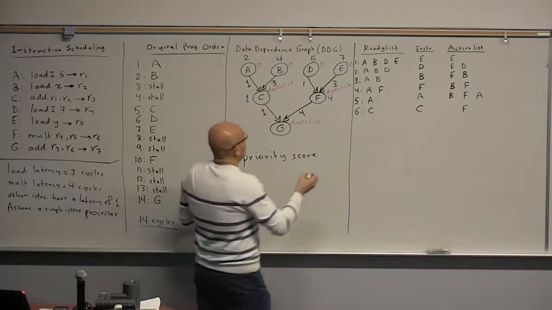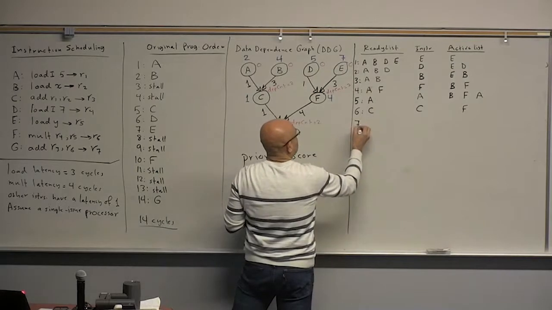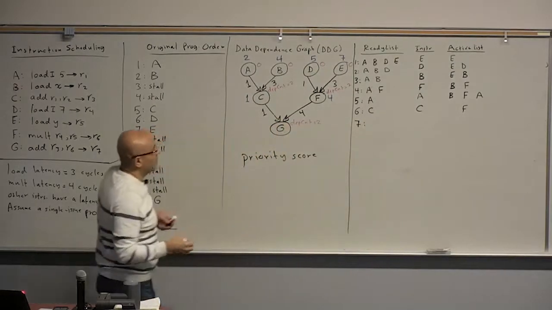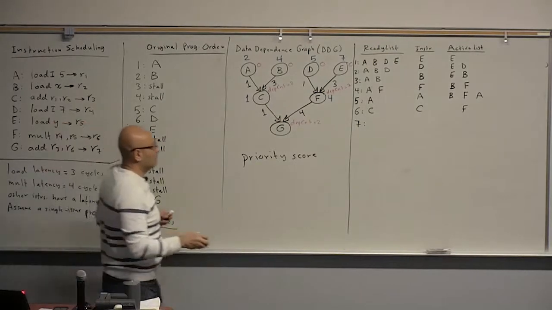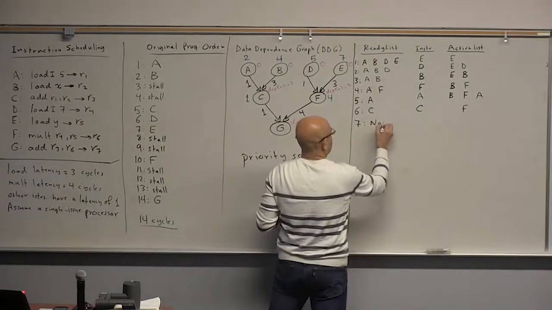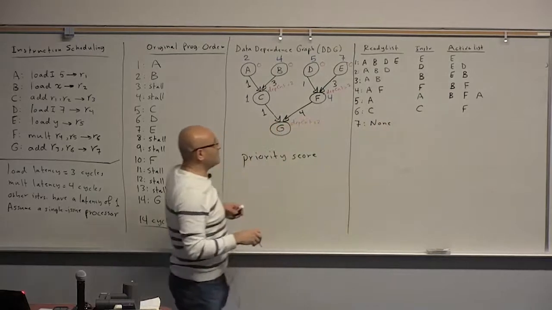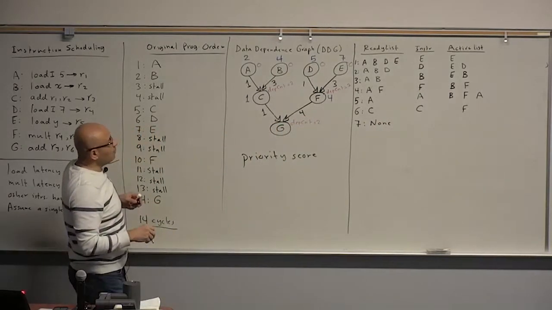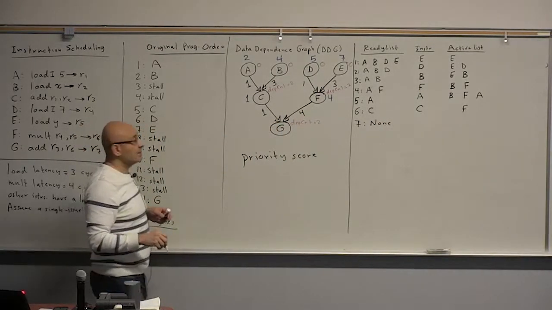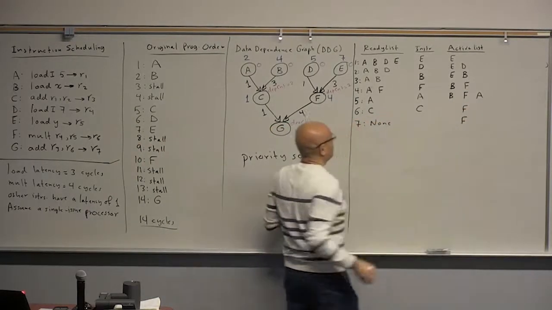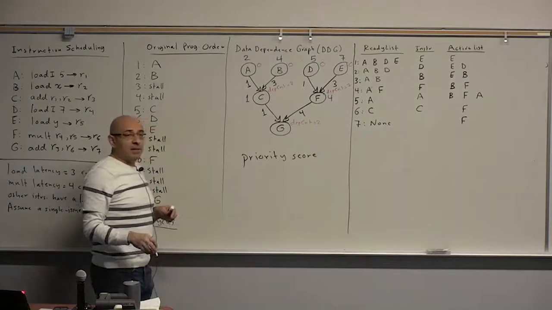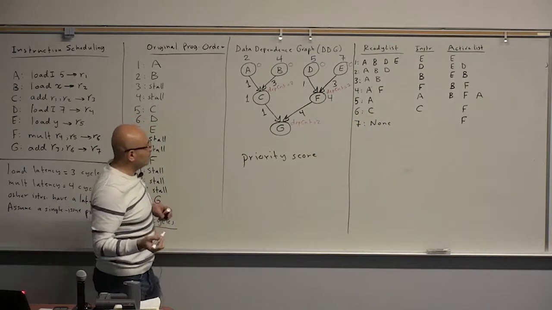Okay. Now in cycle 7, what do we have ready? Nothing. Why? Because F is still active. F will be active for 4 cycles, 4, 5, 6, and 7. And F will become inactive in cycle 8.